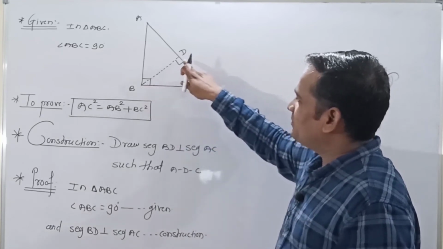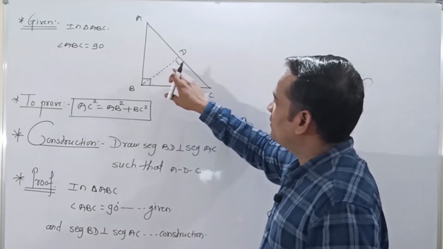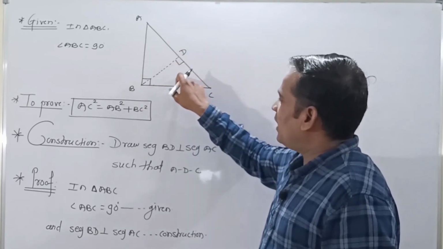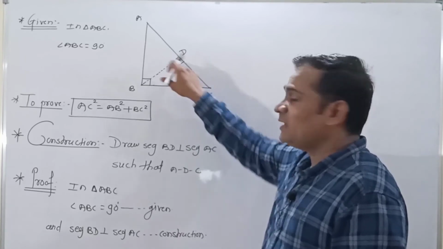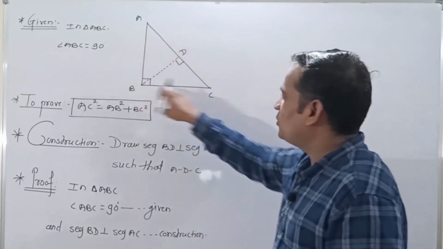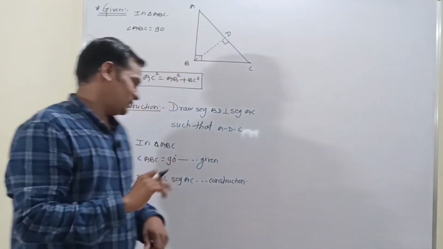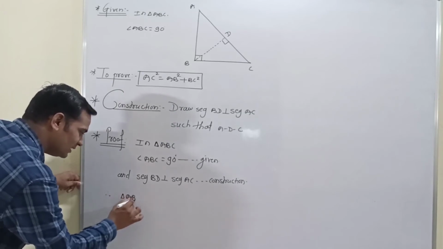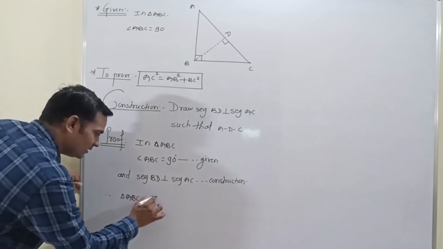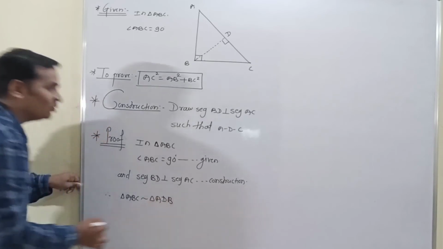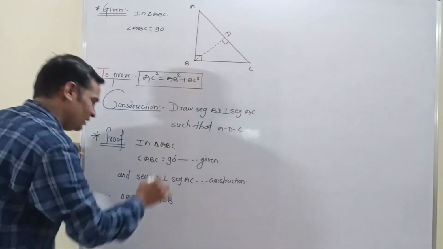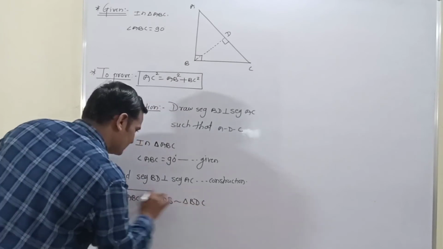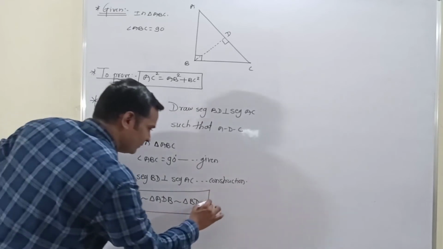If we draw this BD, or any segment, perpendicular to the hypotenuse from the opposite vertex, then these two triangles are similar to each other. Not only to each other, they both are similar to the original triangle. This is the similarity in a right angle triangle. So therefore triangle ABC is similar to triangle ADB, which is similar to triangle BDC, and this is equation number 1.